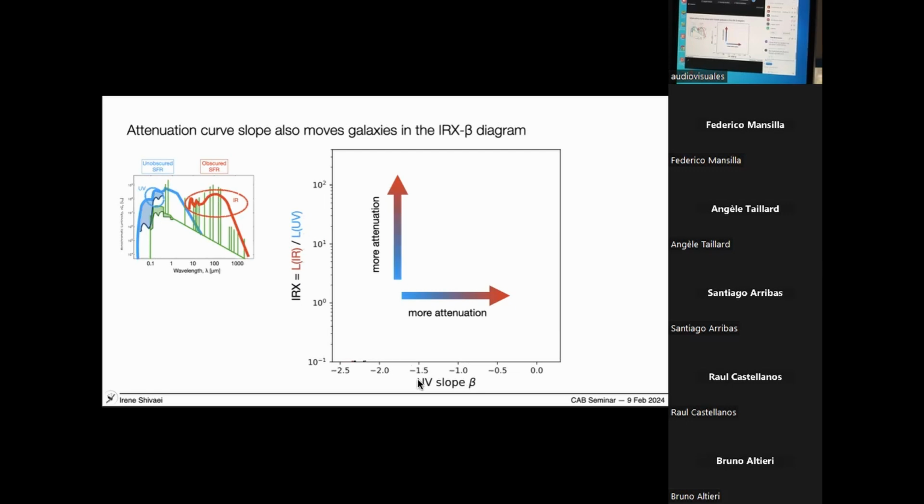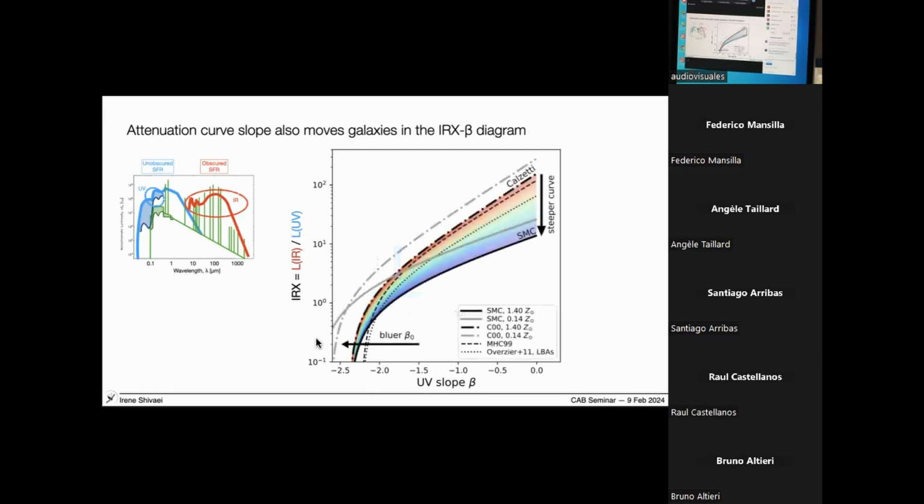So by calibrating UV continuum slope with IRX, you would be able to correct for dust attenuation only with the UV data. However, depending on the shape of your attenuation curve, galaxies vary in this diagram. If you have a shallow attenuation curve like the Calzetti curve that I showed you in the previous slide, or you have a steeper curve, you will occupy different regions in the IRX beta diagram.